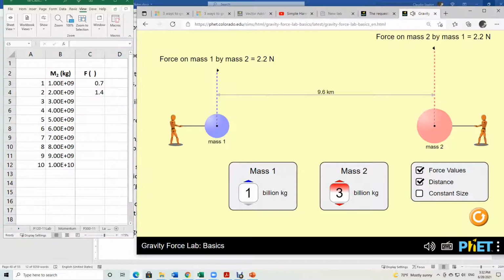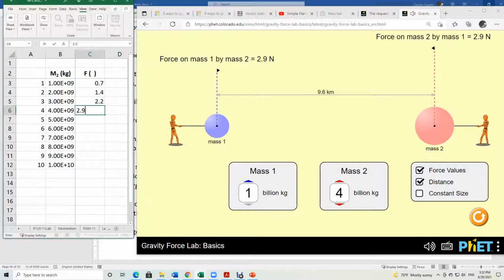Next, 3 billion, 2.2. Next, 4 billion, 2.9. 4 times more mass, it's almost 4 times more the force. 4 times 0.7 is 2.8, right? A small difference here. 5% difference.